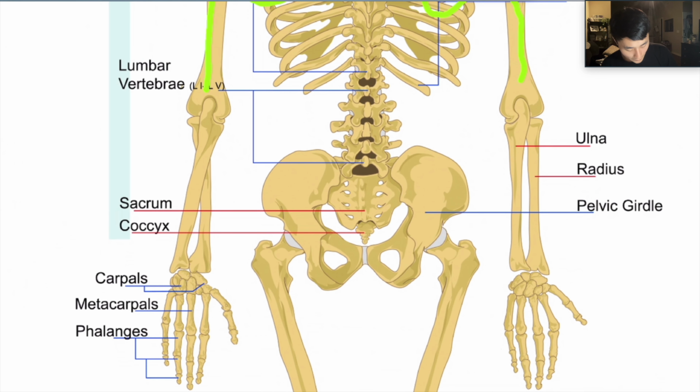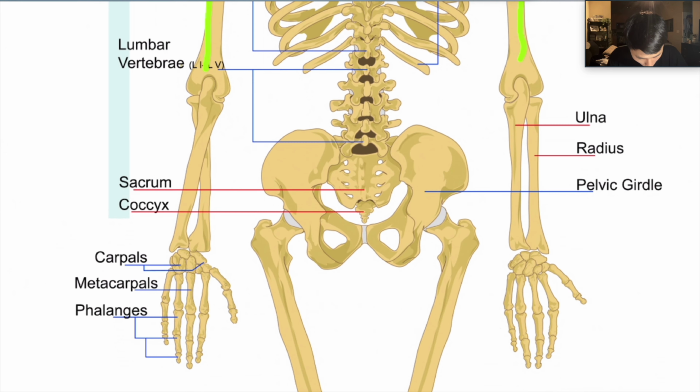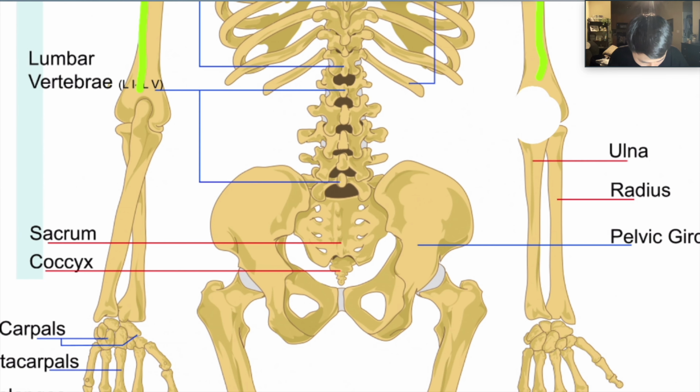And then there's the radius on the thumb side, and there's the ulna on the pinky side. And you can see from this image that the ulna makes up most of the elbow joint. If you look at it here, the ulna notches on to the humerus to create that elbow joint, compared to the radius, which is mostly just attaching to the humerus.